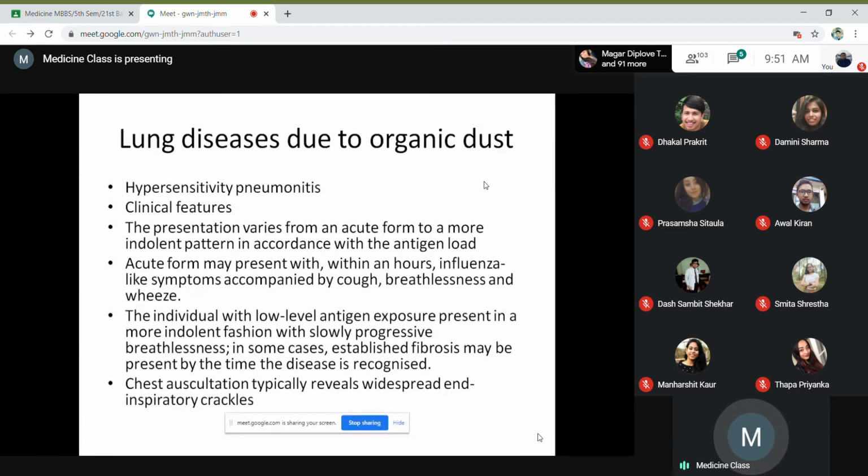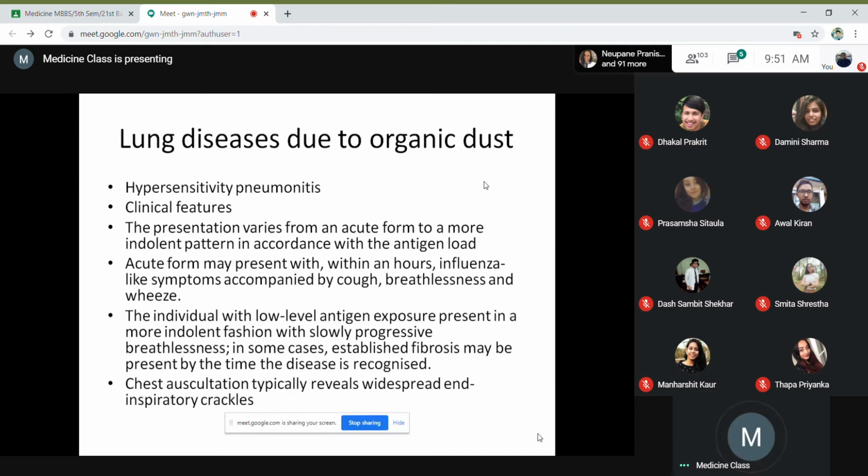So what are the clinical features then? The clinical features generally depend on the amount of antigen that is exposed. Presentation varies from an acute form to a more indolent pattern according to the antigen load. So how much antigen the patient has inhaled determines the clinical features.